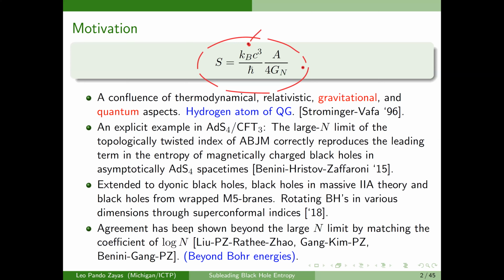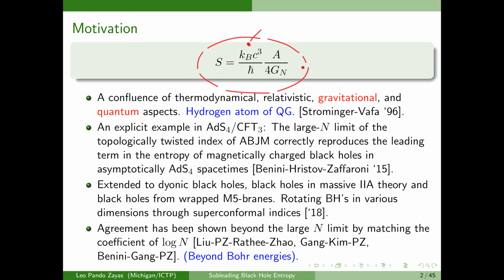But now there's a new wave of microscopic explanations in the context of AdS/CFT, which I think is quite important, and it might lead us to a better understanding than the D-brane technology of Strominger and Vafa.